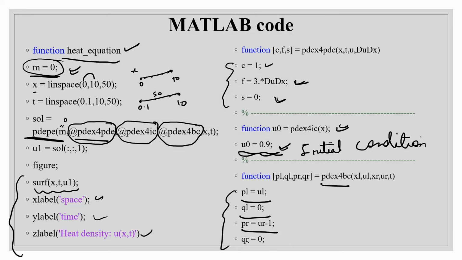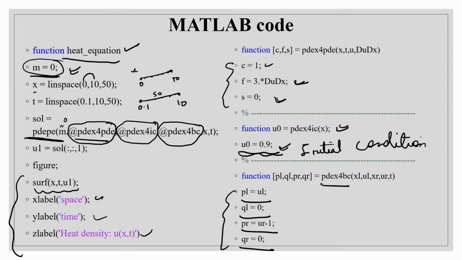So this was the complete programming by which you can numerically solve the heat equation using the inbuilt pdepe solver. What you have seen is that the main step is to rewrite the equation in the form that is expected by this pdepe solver. Now we will copy paste this code in MATLAB and we will simulate, and then we will see what our output is.